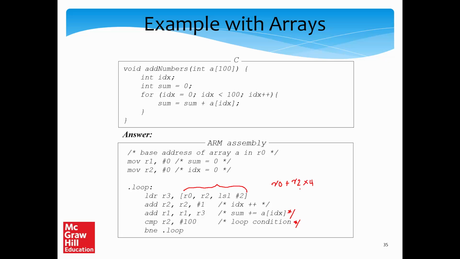Times 4 is the same as left shifting by 2 positions. R2 contained the index, so this gave us the address of the element in the array, where R0 is a base register. The address would increase as follows: 0, 4, 8, 12, 16 and so on.